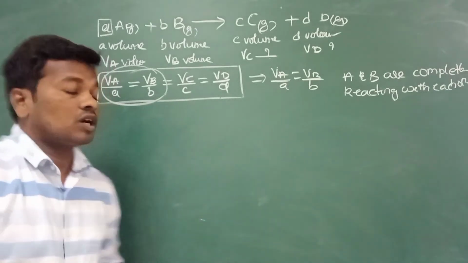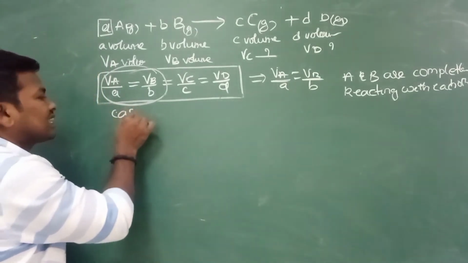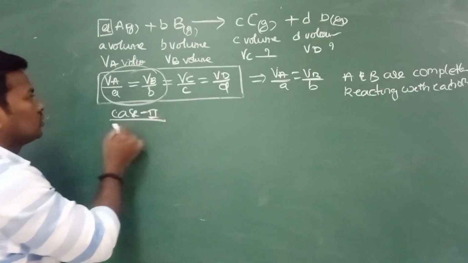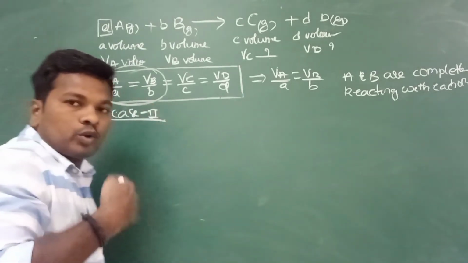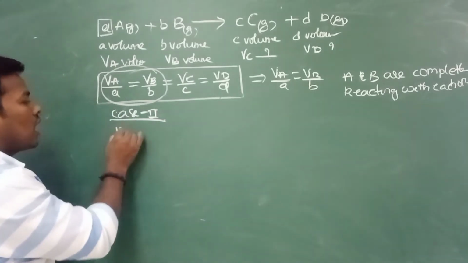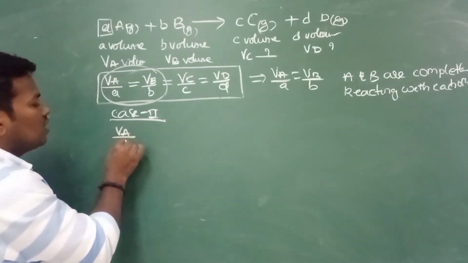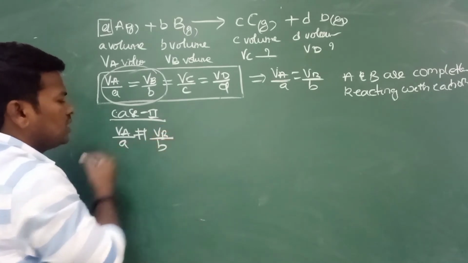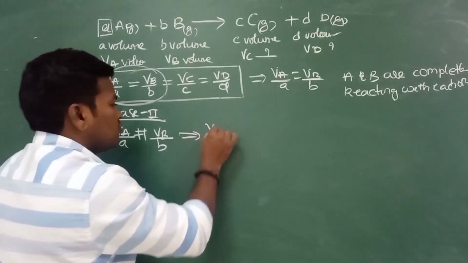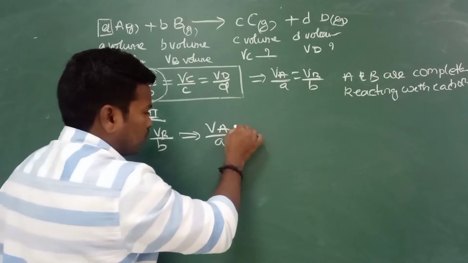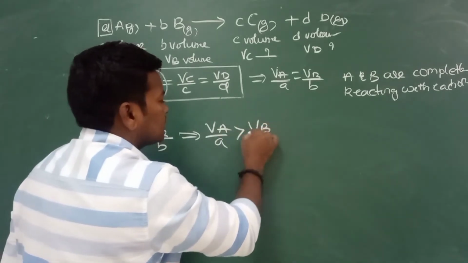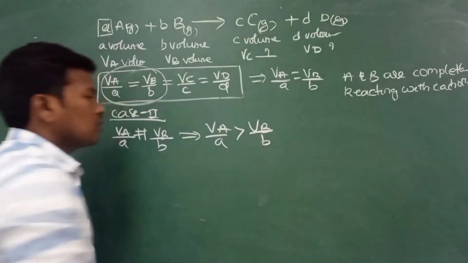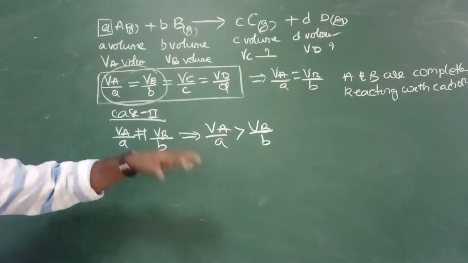But all the times it is not so. Some cases, you can see case 2. For example, you are doing the volume ratio, but you have got a value where VA by a is not equal to VB by b. Suppose VA by a is the highest one.